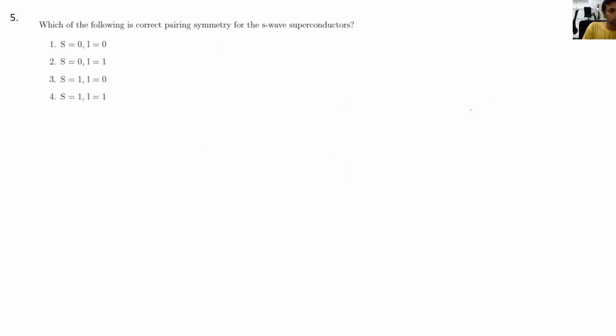So now let's come to the next question. Which of the following is the correct pairing symmetry for the S wave superconductors? See, whenever you have this S wave, it is like a spherical wave.